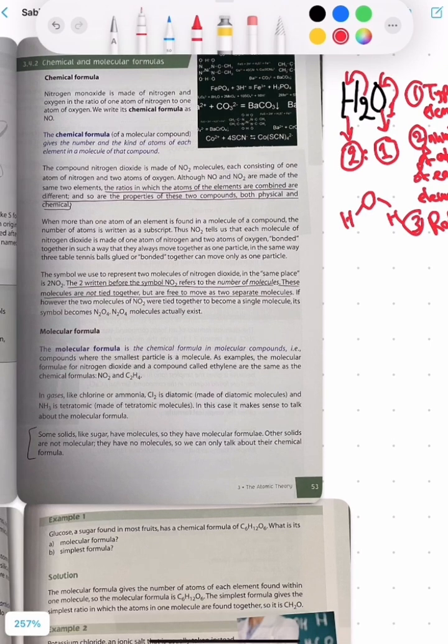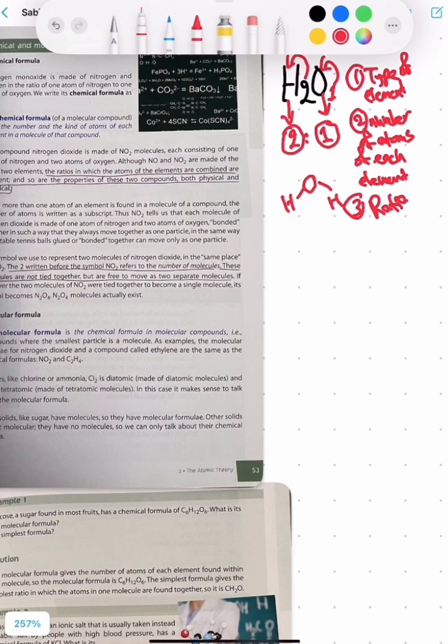Sometimes if this ratio changes, what does that mean? What will happen to the compound? Will it change or not? The difference between H2O and H2O2. We take this example a lot. Here the ratio is 2 hydrogen to 1 oxygen. Here the ratio is 2 hydrogen to 2 oxygens.